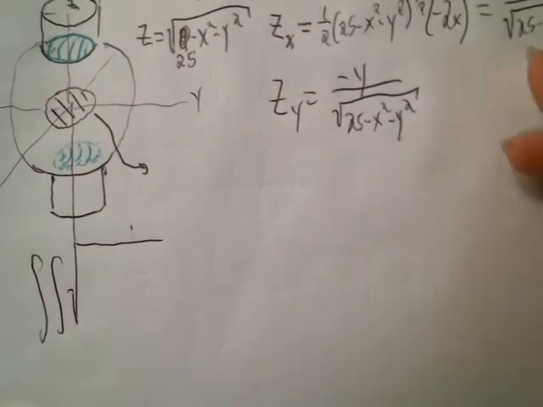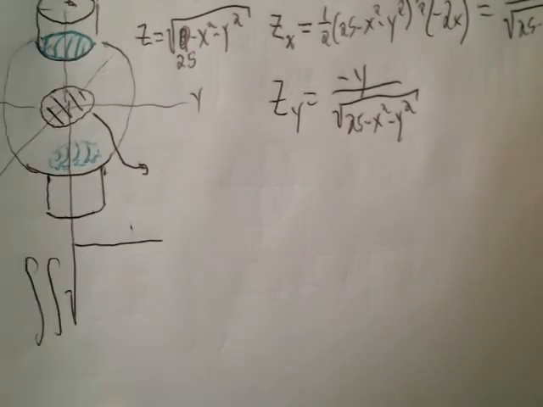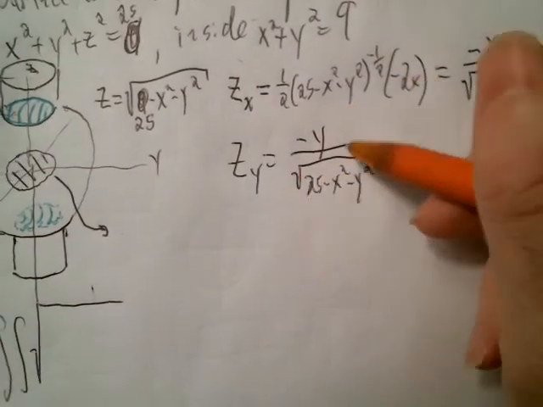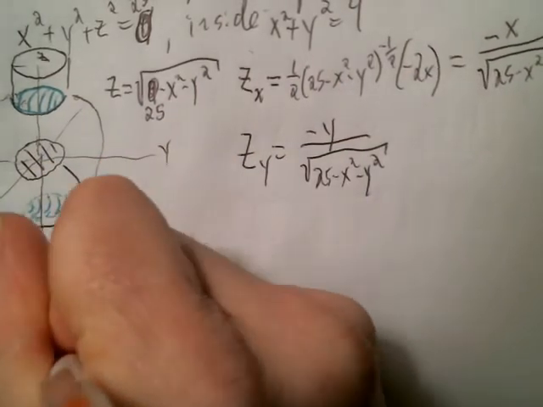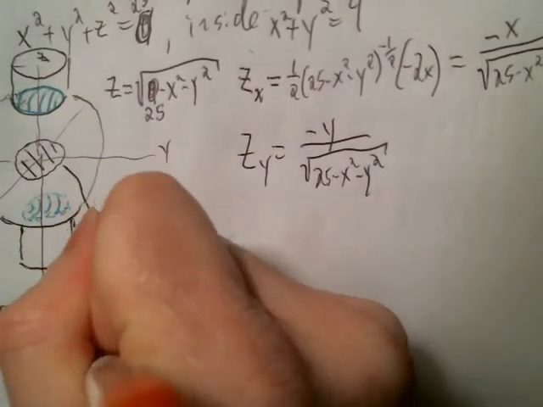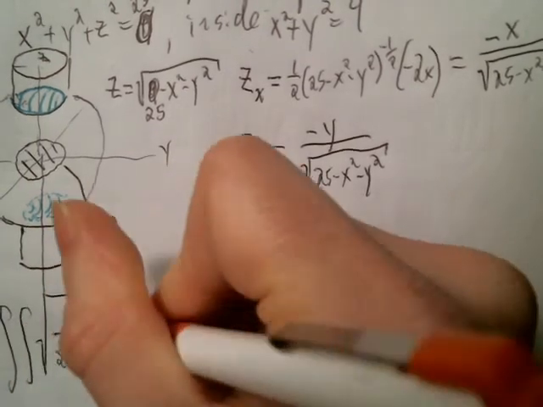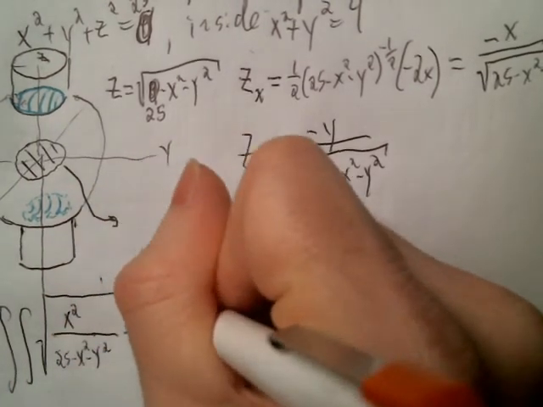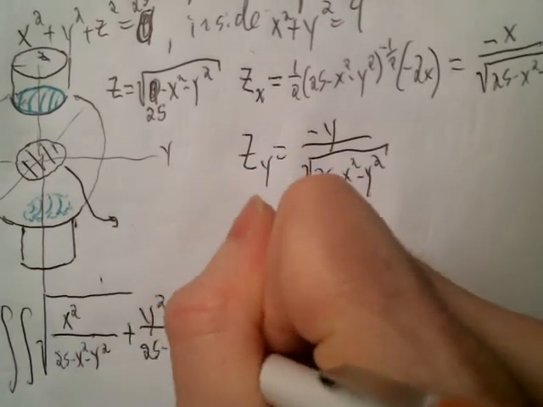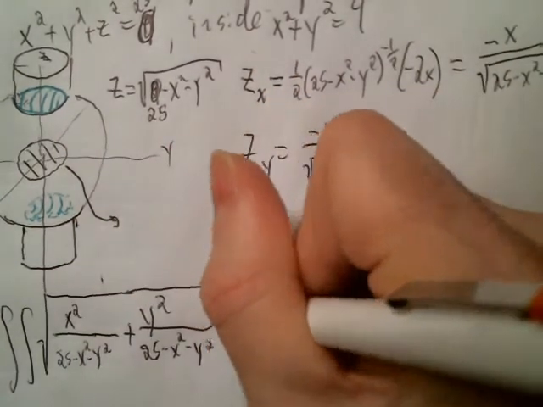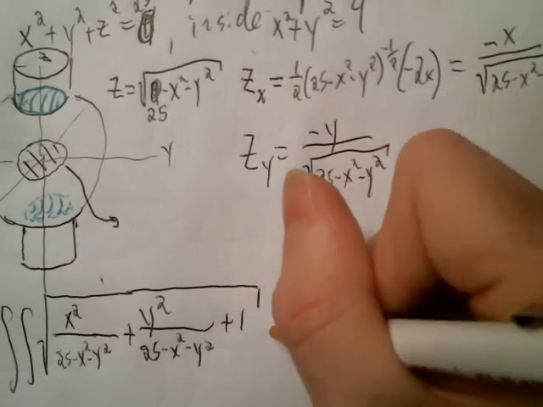Probably not a lot, but this zx squared plus this zy squared will give me x squared all over 25 minus x squared minus y squared. The square root will go away. Plus y squared all over 25 minus x squared minus y squared, right? And then plus 1 dA.